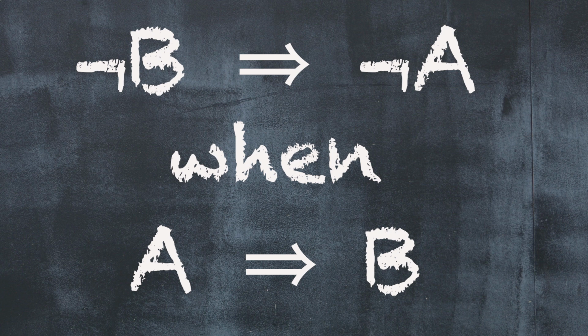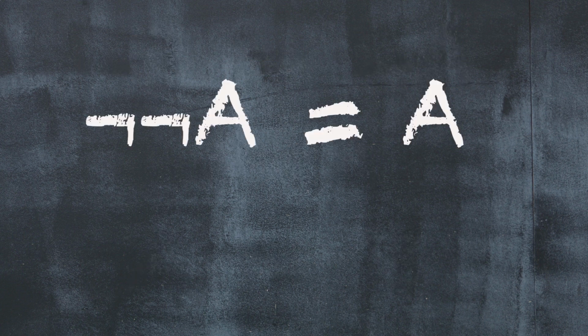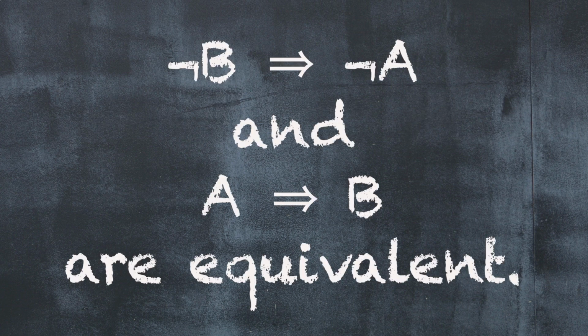Hence, non-B implies non-A when A implies B. And conversely, since the opposite of the opposite is the initial statement, that is, non-non-A is the same as A. So, non-B implies non-A and A implies B are equivalent statements.